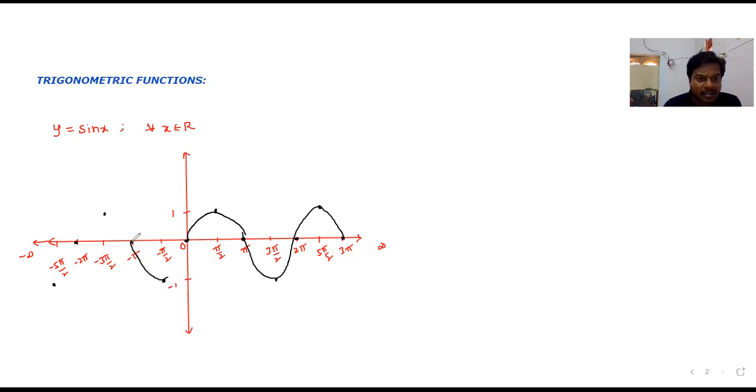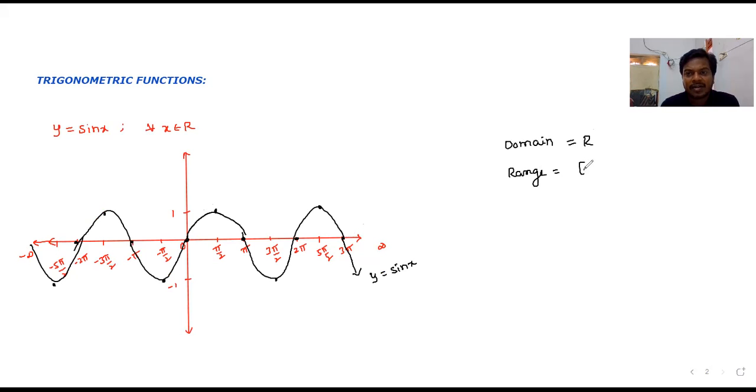Next here, this one. This is the graph of y equal to sin x. And clearly, the domain is the set of all real values, and the range of the sine function is from -1 to 1. And it is a periodic function whose period is 2 pi.